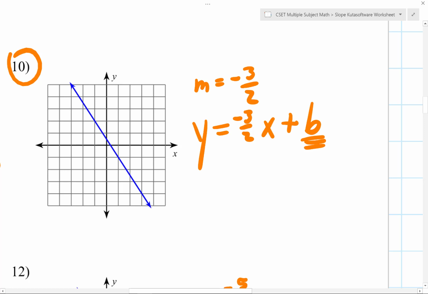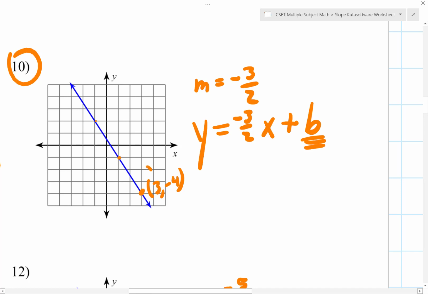So I'm looking at maybe this point here. That point is 1, 2, 3 on the x and 1, 2, 3, 4 on the y. 3 on the x, negative 4 on the y. I could have chosen any point, but I didn't want to choose that one because I just wanted to make the points distinct. But you could do it with this one, you'll get the same answer.